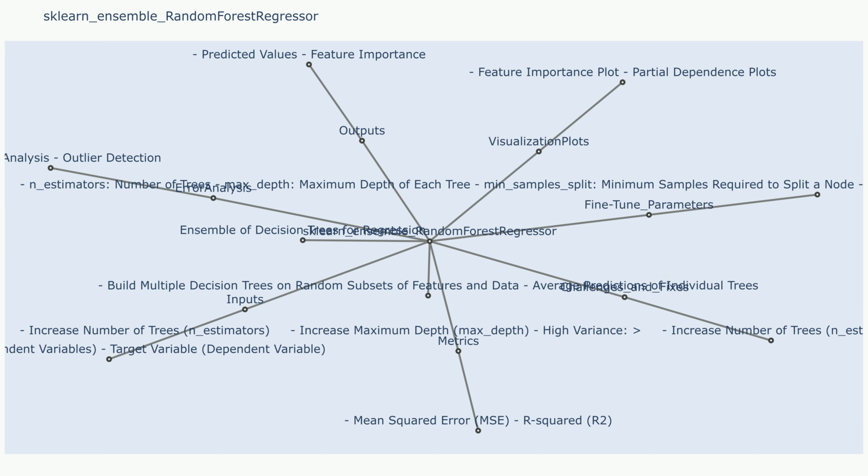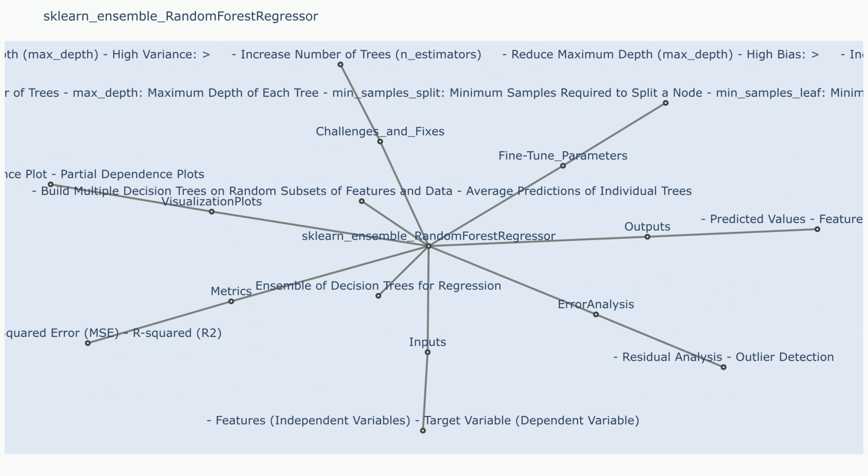Outputs. Output 1. The random forest regressor produces a prediction for each input data point. The output is a numerical value representing the model's estimated value for the target variable. Output 2. The random forest regressor also provides attributes that offer insights into the model's structure and performance.